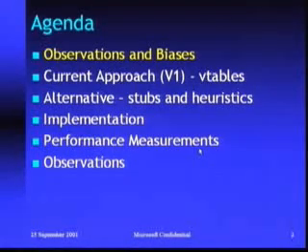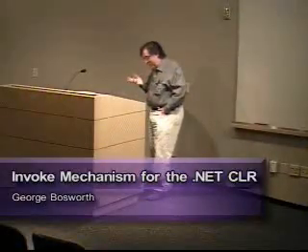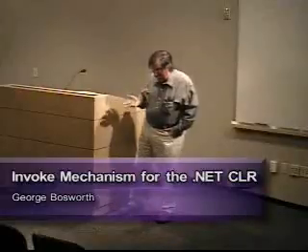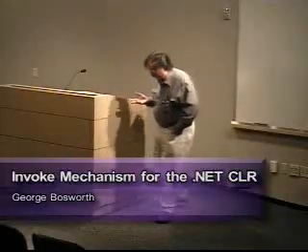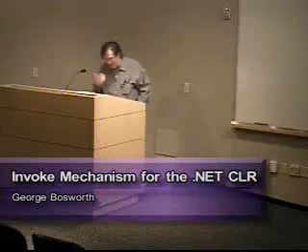What I'm going to do is start off and give some observations and biases that I have. I think it's useful to give people a context so they can understand immediately why they should ignore what I'm talking about, rather than having to glean it from the talk itself. I'm going to talk about the current approach we use for dynamic dispatch. The particular area I'm concerned with here is virtual functions and interface functions.